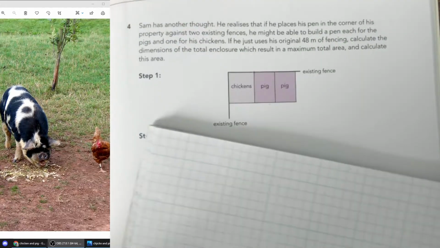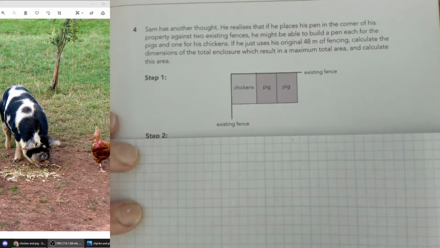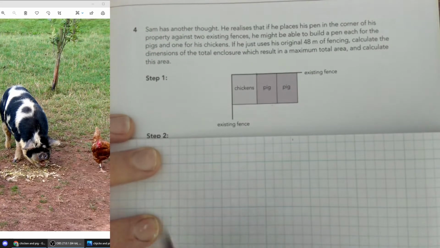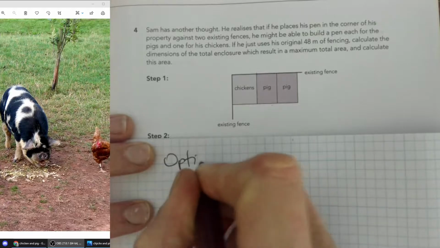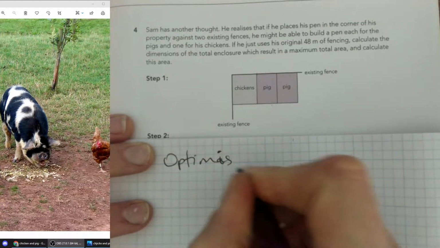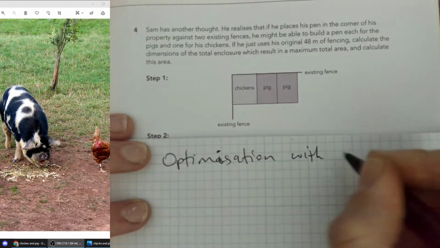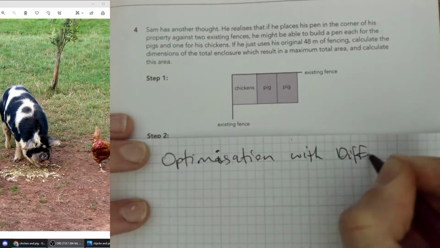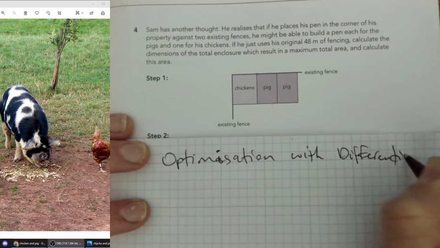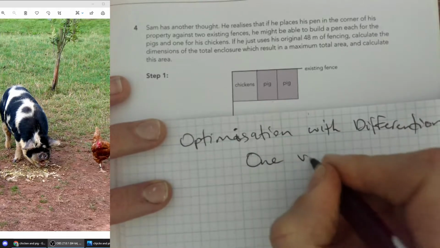Okay, now, first problem with this question is it's impossible. There are too many unknowns. The whole point in optimization with differentiation is you need one variable.